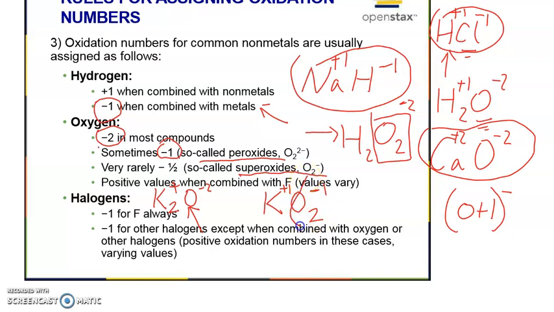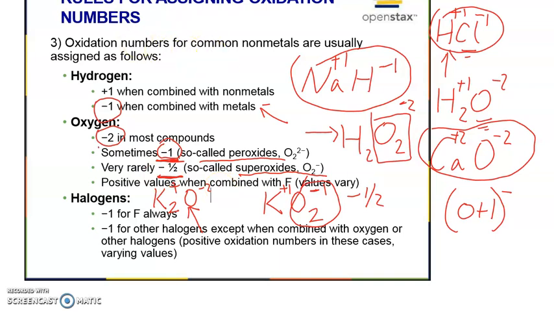Look at this, O2, 2 of them together will have a minus 1 charge. That means the oxidation state for each oxygen will be a minus half. Okay, let's look at the chart over here. So peroxide, each oxygen will carry a -1 charge. Superoxide, each oxygen will carry a -½ charge.